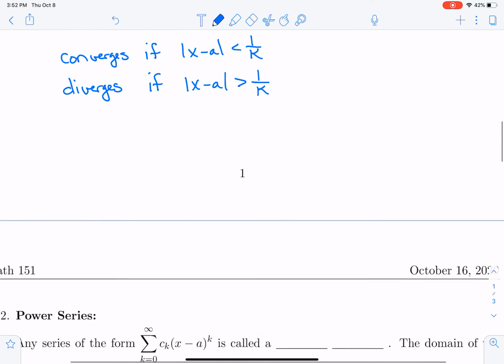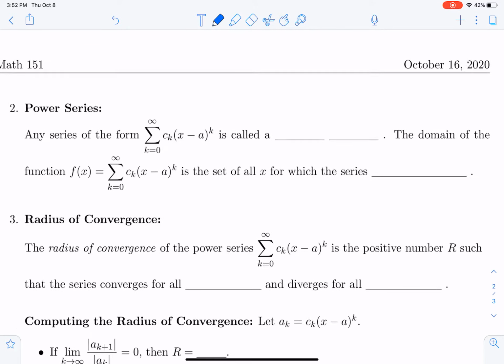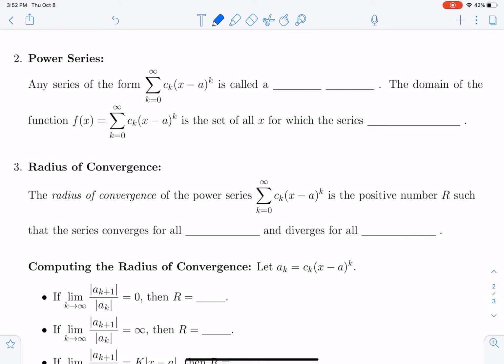Now let's move on to the definition of a power series. Any series of the form sum from k equals 0 to infinity of c sub k times (x minus a) to the k is called a power series. And if we define a function f of x equal to that infinite sum, that power series, then the domain of that function f of x is the set of all x for which the series converges.